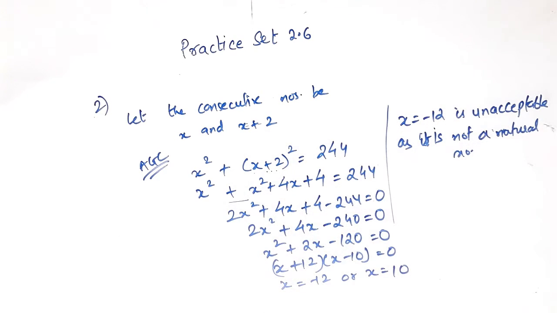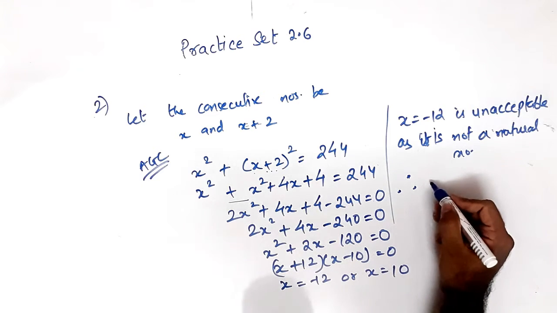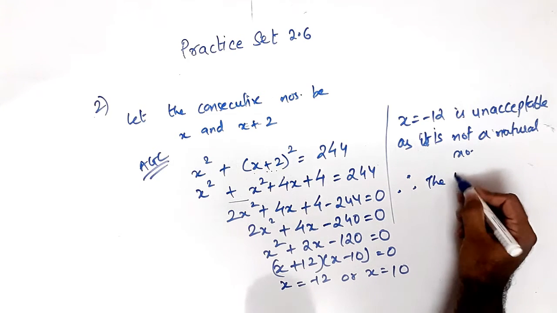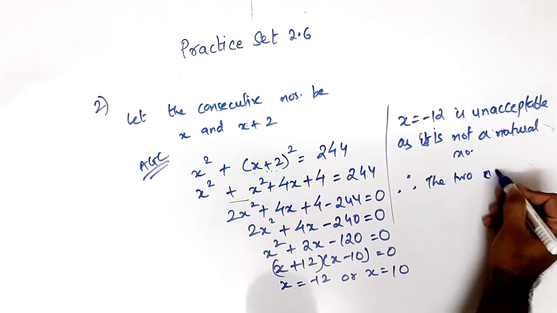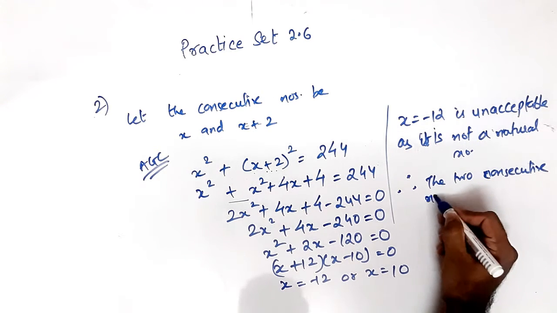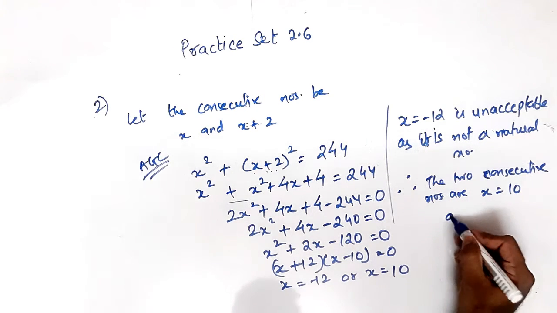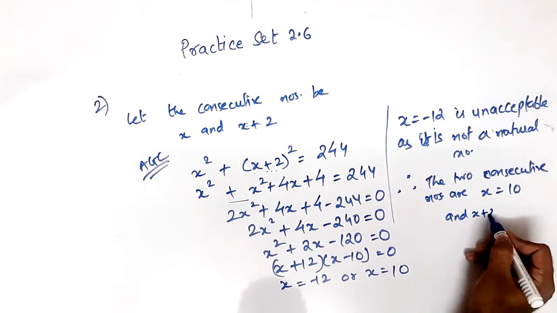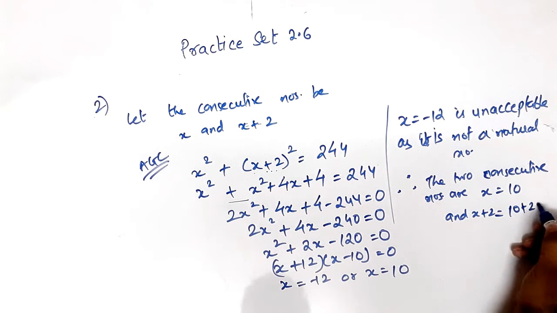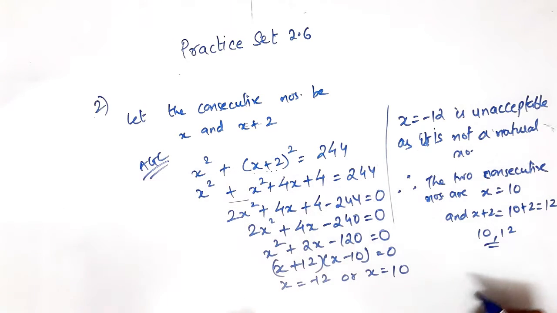Okay, now therefore the two consecutive numbers are x is equal to 10 and x plus 2 is equal to 10 plus 2 is equal to 12. 10, 12. Okay, let us move on to third one.